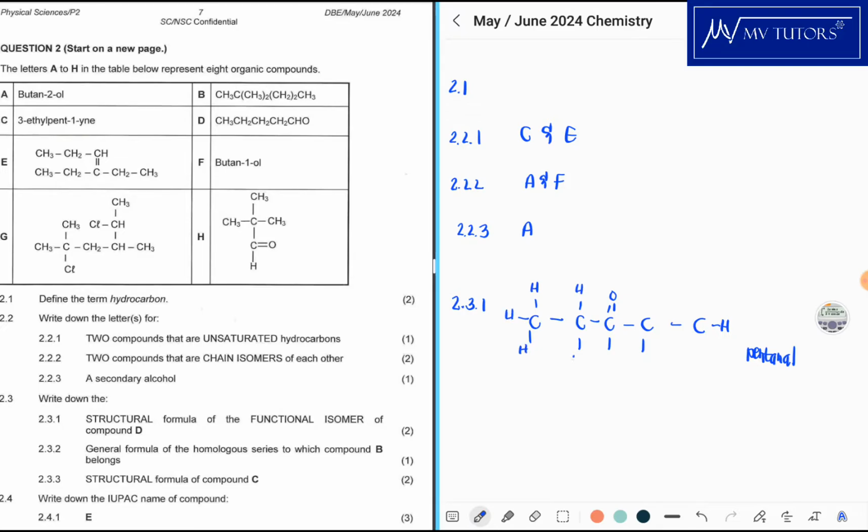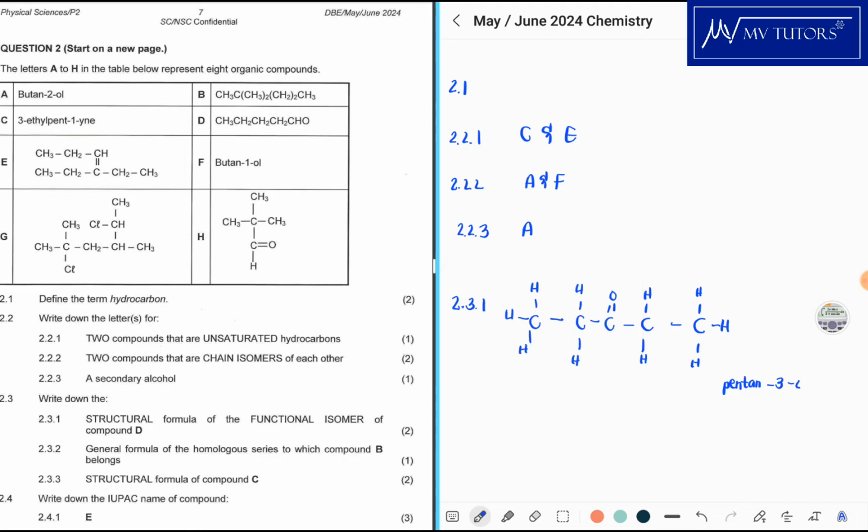But they wanted the structural formula, so I need to put in the hydrogens. Let me see. 1, 2, 3, 4. 1, 2, 3, 4. 1, 2, 3, 4. Okay, if you wanted to provide the name, we could have said 1, 2, 3, 4, 5, so pentan-3-one.